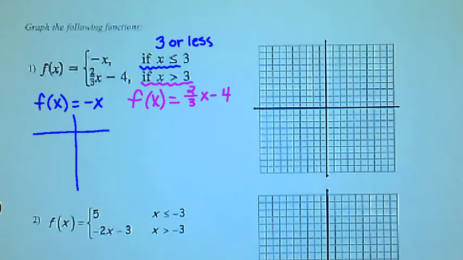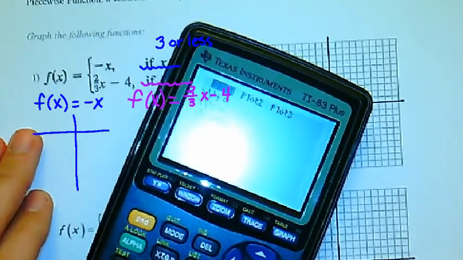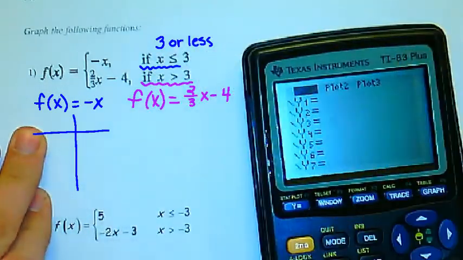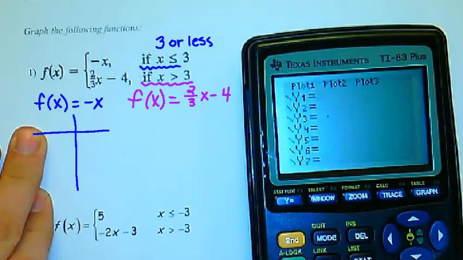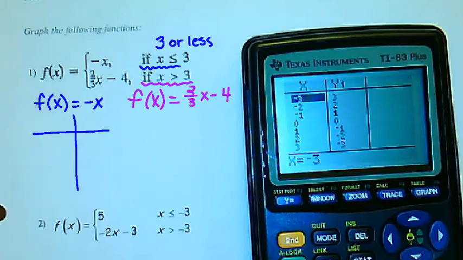So if we put that into our calculator, negative x, I'm just going to look at the table. So we want it to be less than 3.